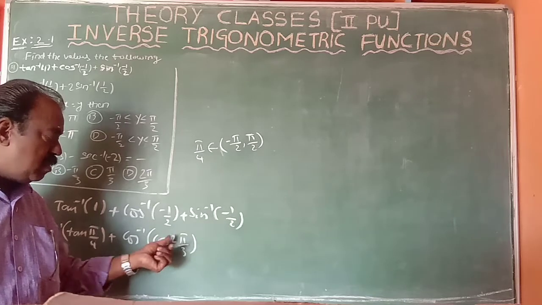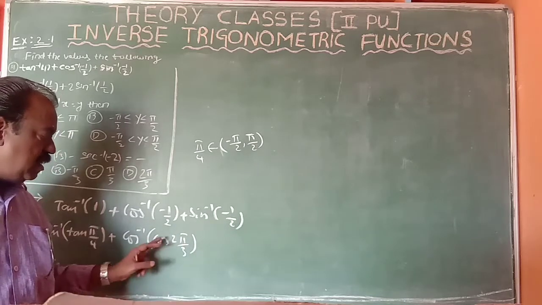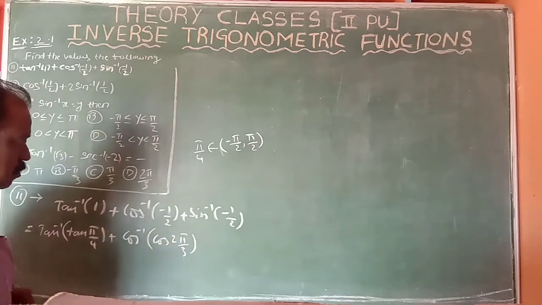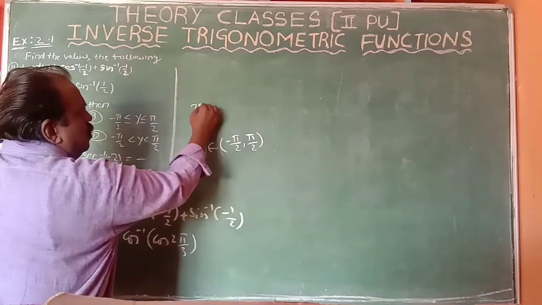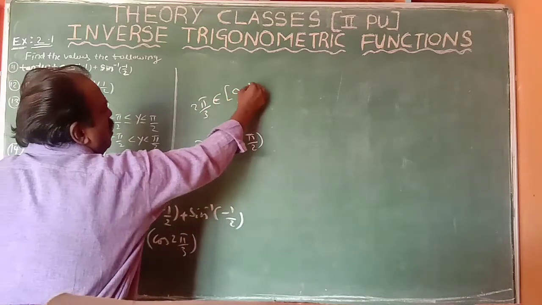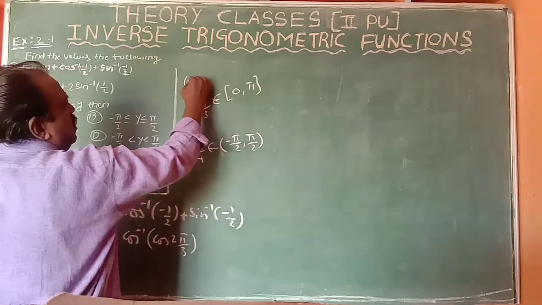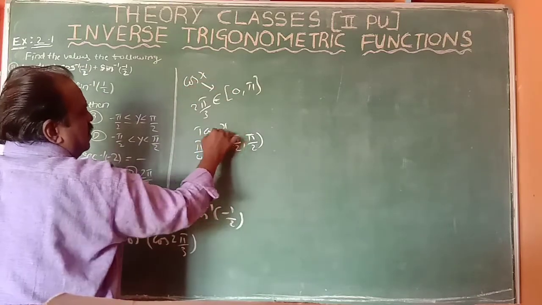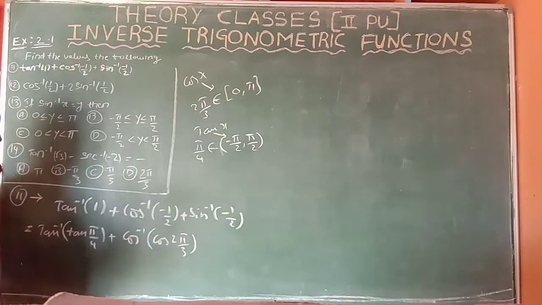Here this 2 pi by 3 belongs to 0 to pi, which is related with cos.